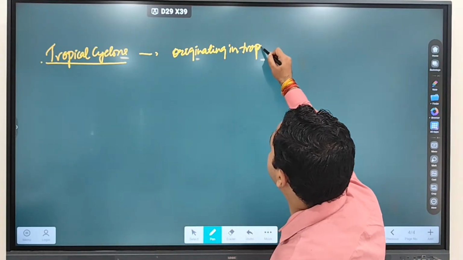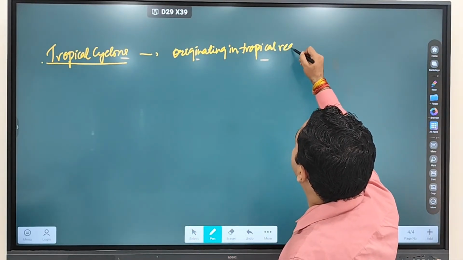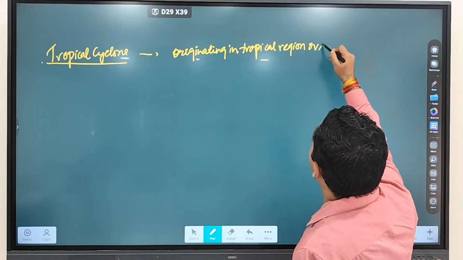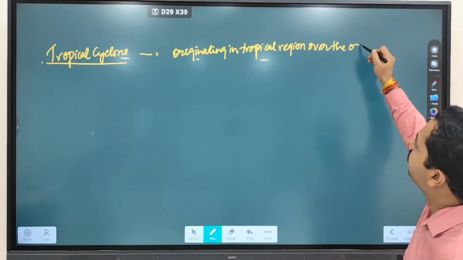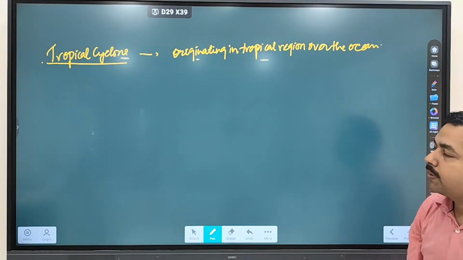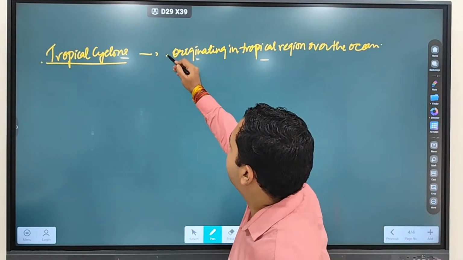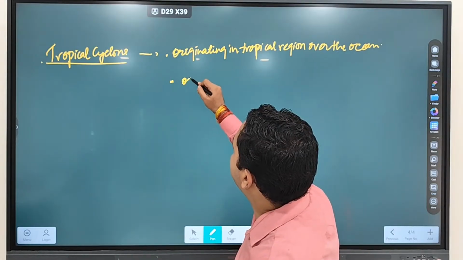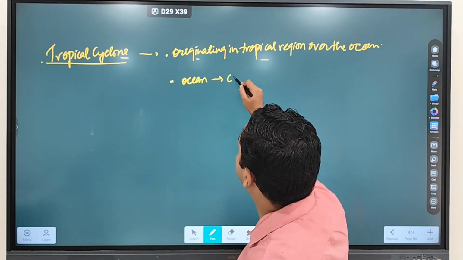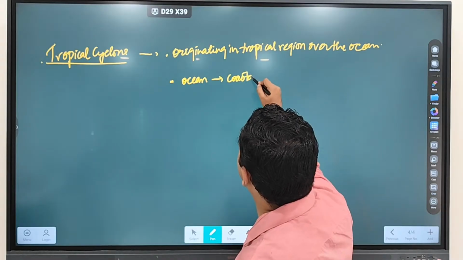These are originating in tropical region over the oceans and moving from ocean towards where? Towards the coastal areas.